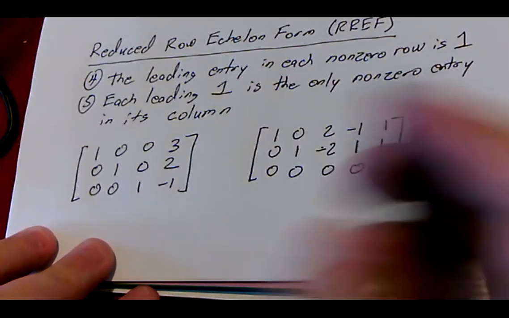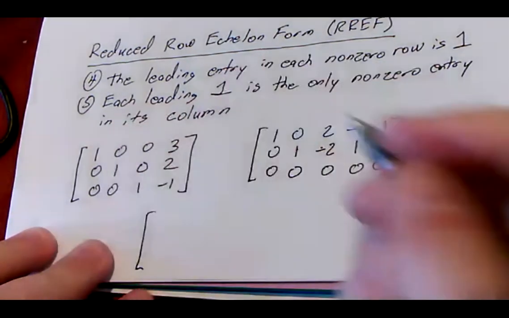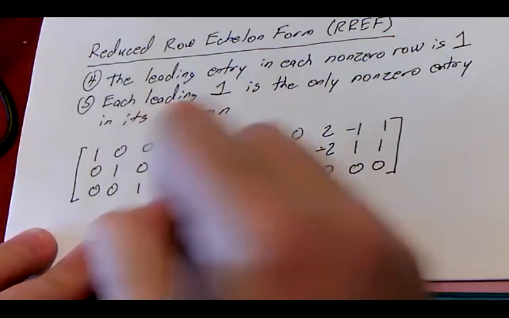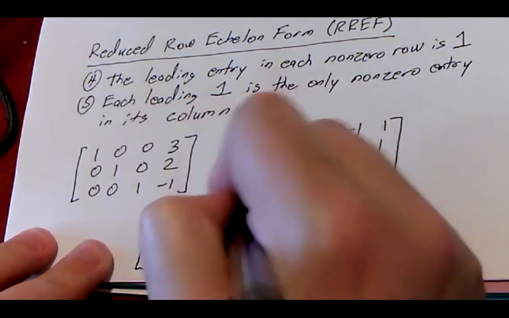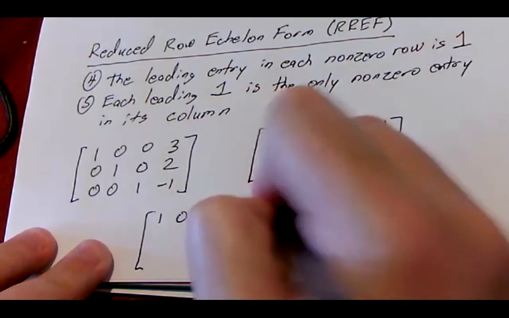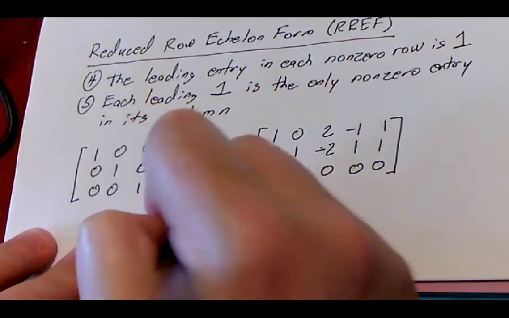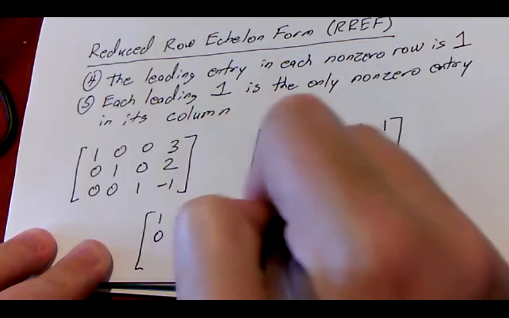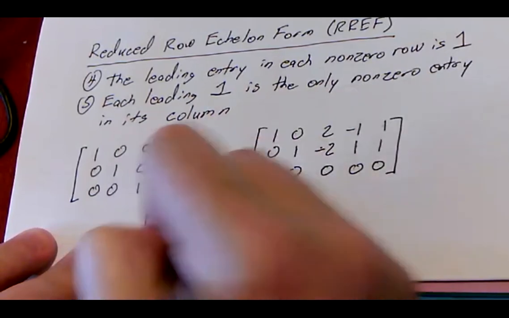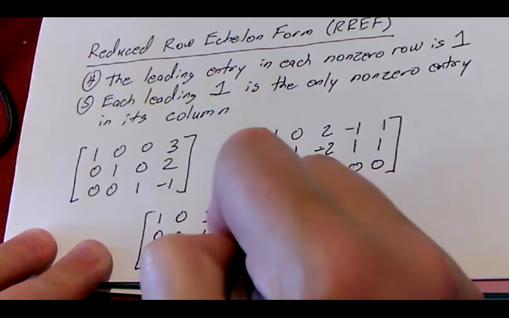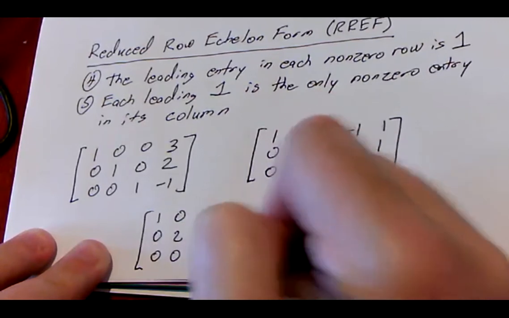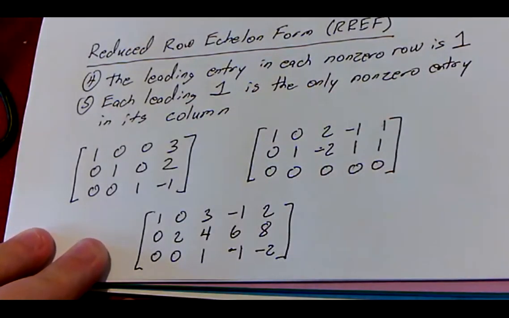Okay, so make sure you meet all 5 criteria. Let me write out another one here. Okay, so as I look at this one right now, I have not met all the criteria.